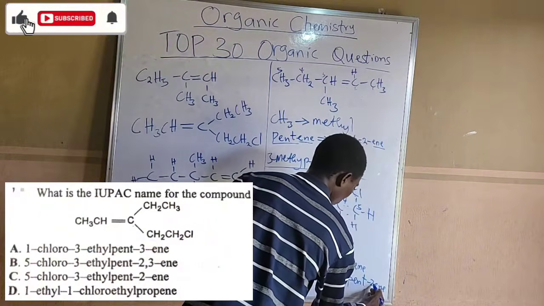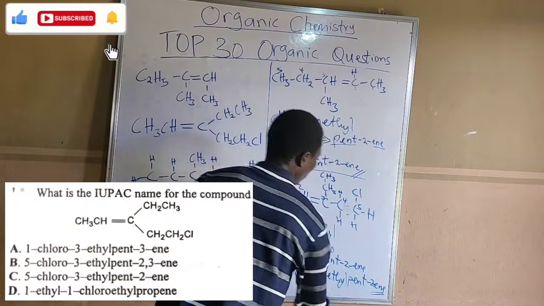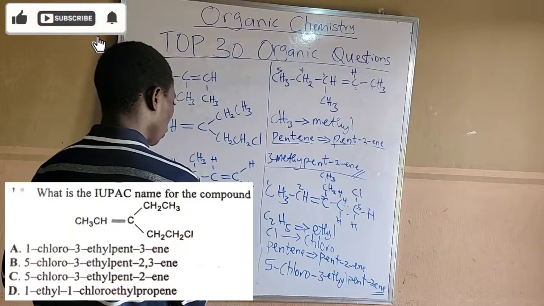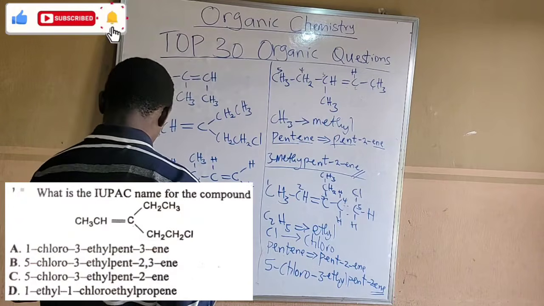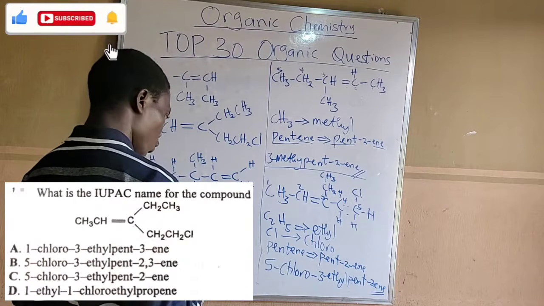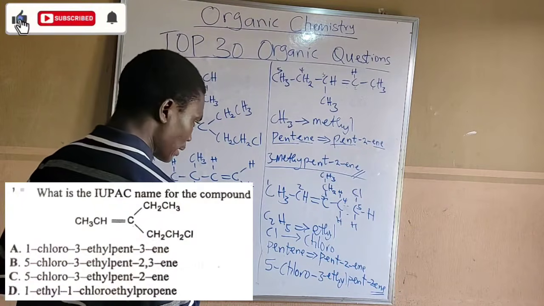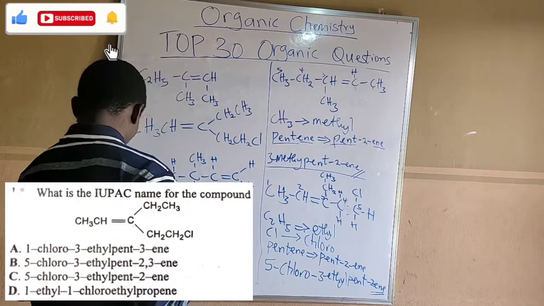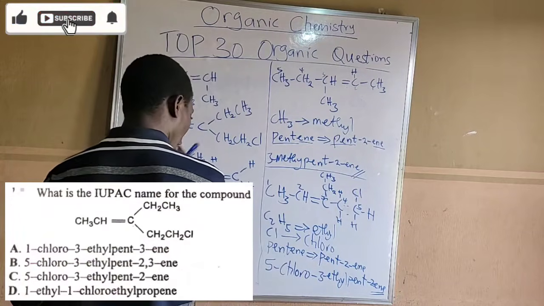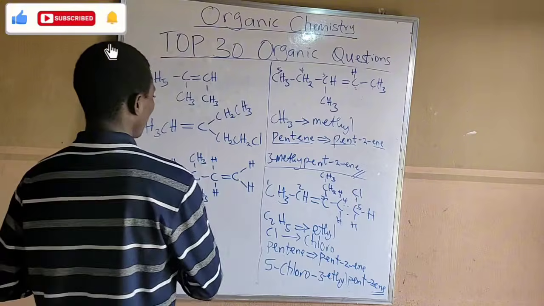So that is our final answer to that. And which option describes this? Let me check the options. 5 chloro, 3 ethyl pentene. Option C. Option C is the correct answer to that.